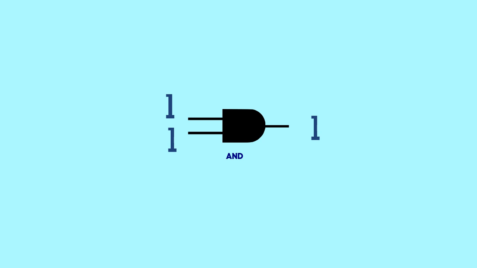Now, when we talk about logic gates, we can represent how the logic gate functions with what is known as a truth table. A truth table just shows us how the inputs react and how we get our outputs, how the inputs vary with the outputs. So for our AND logic gate, let's make a quick truth table.